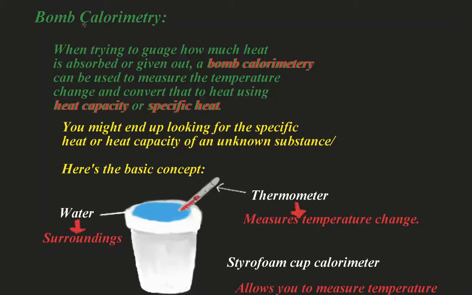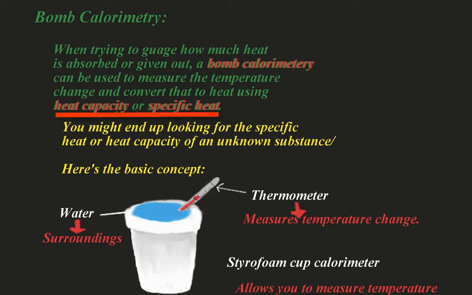Today we're going to be looking at the concept of bomb calorimetry. Since it's difficult to measure heat, there are no instruments to really measure heat like a thermometer measures temperature or a scale measures weight. When trying to measure heat, what we have to do is use a bomb calorimeter and the concept of bomb calorimetry.